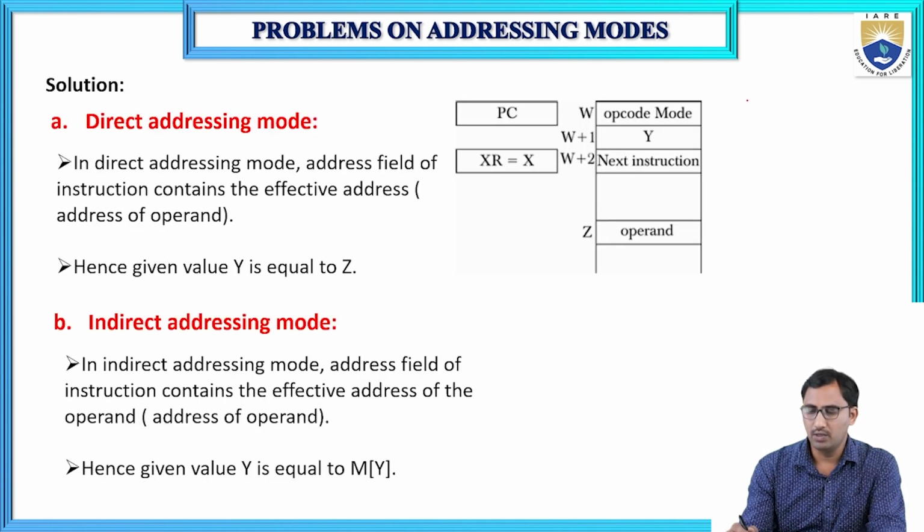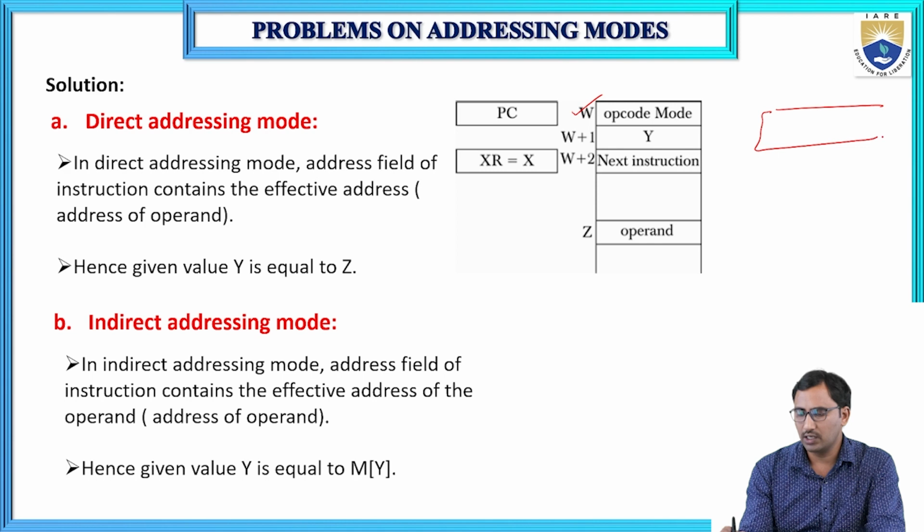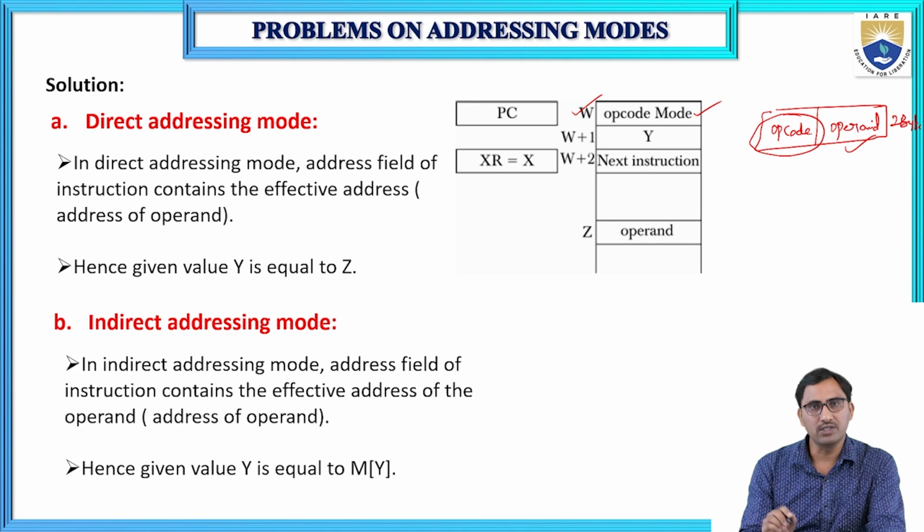The instruction is like this: opcode, operand. So the size of this instruction is 2 bytes, which means it occupies two memory locations. The opcode will be stored in the W location and the operand is stored in the W plus 1 location.